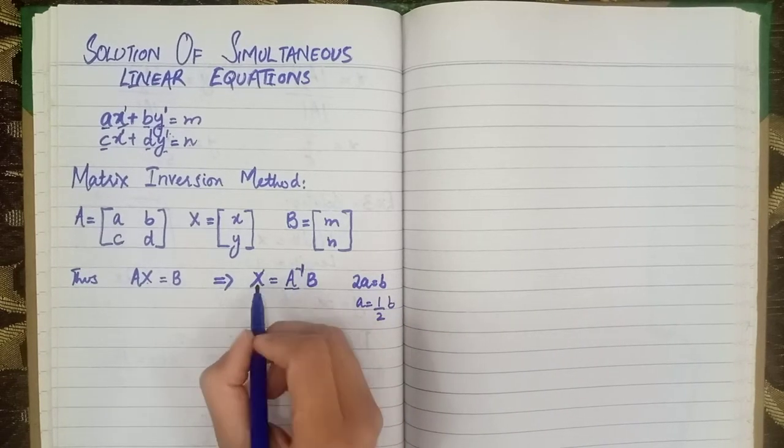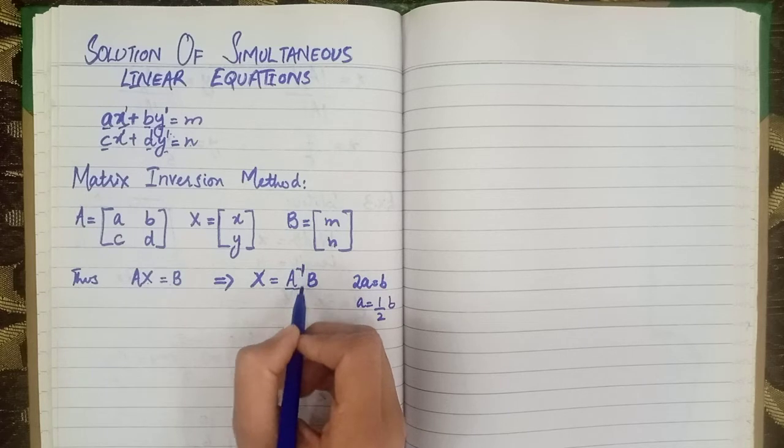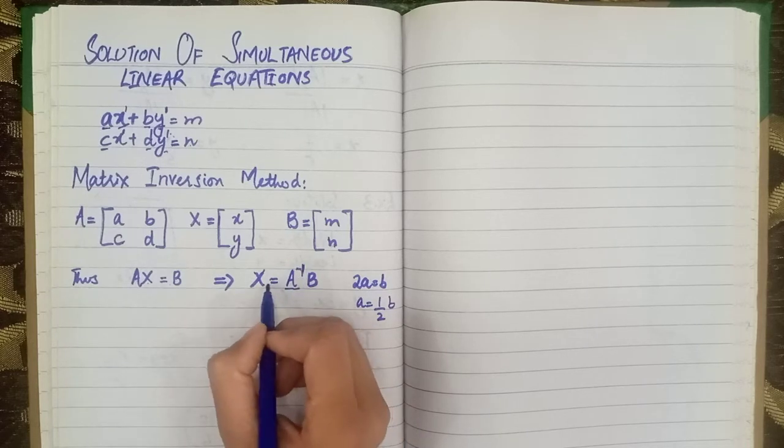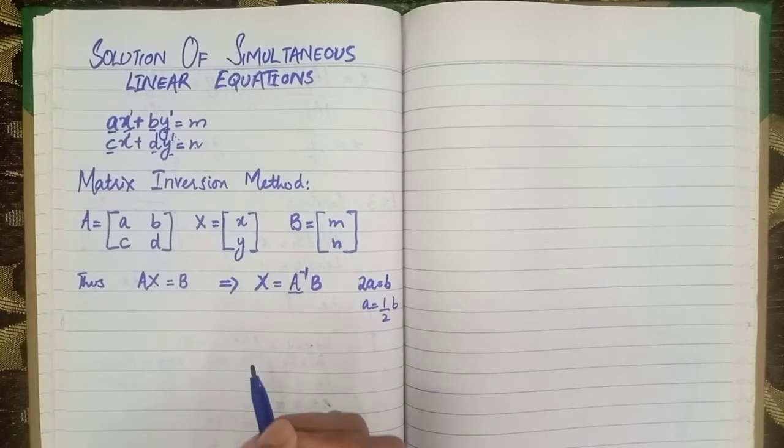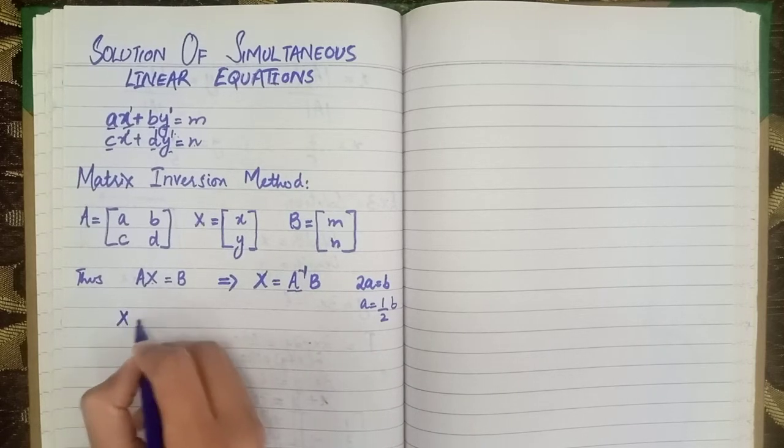So when a matrix moves from one side to another, it changes into its inverse, and an inverse changes into a simple matrix A. That's all.